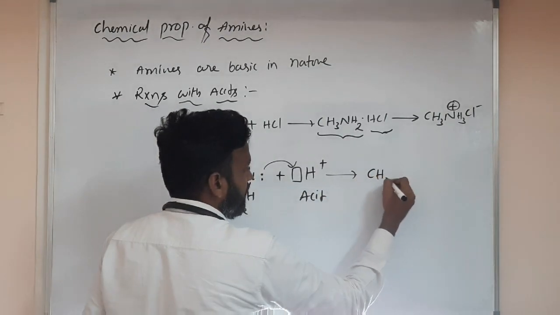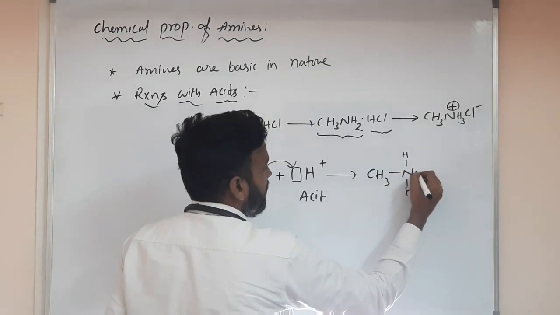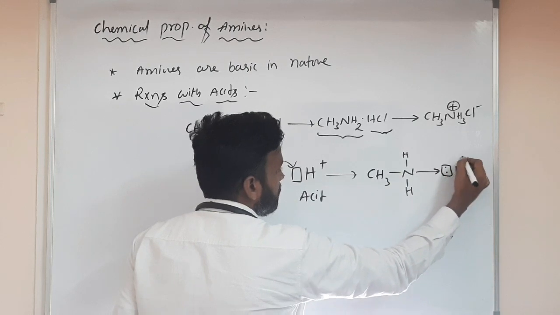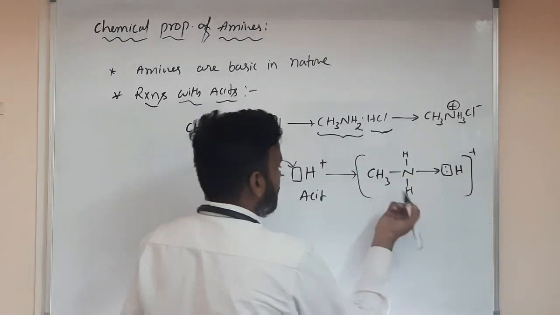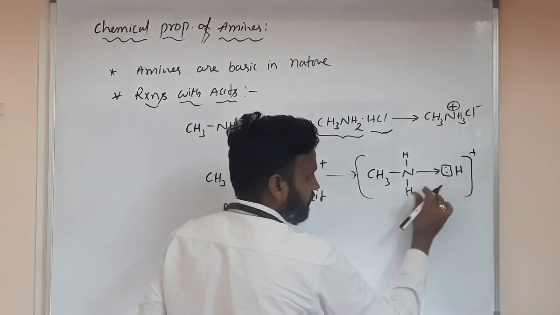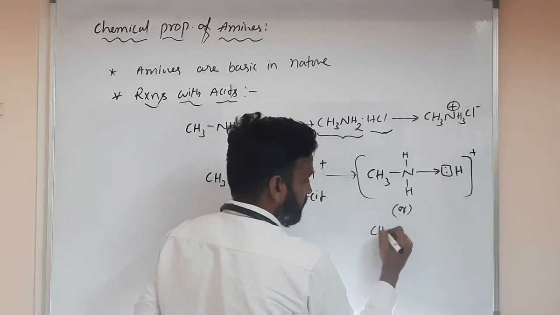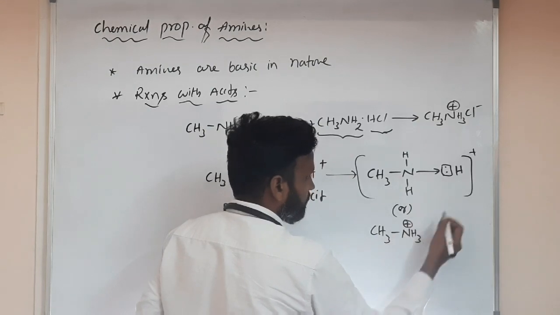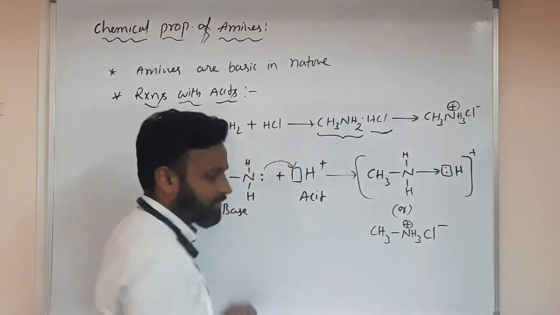Donated by nitrogen but shared by both. So what happens here? CH3NH with H and a dative bond, giving a positive charge. The remaining part is Cl minus from HCl. So simply you can write with HCl: CH3NH3 plus and Cl minus.